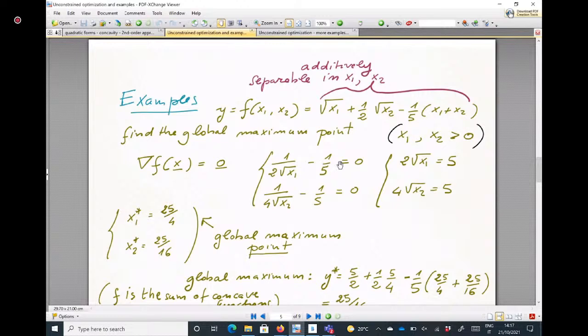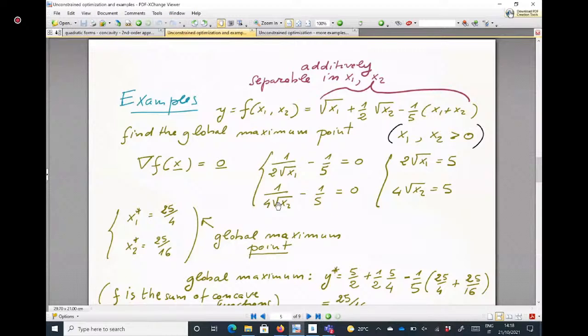You have to solve the system. So what is the partial derivative of this two variable function with respect to x1? Okay, it is 1/2 square root of x1 minus 1/5. This is the partial derivative of my function with respect to x1. The gradient must be equal to 0, so in particular each partial derivative must be equal to 0. So this must be equal to 0.